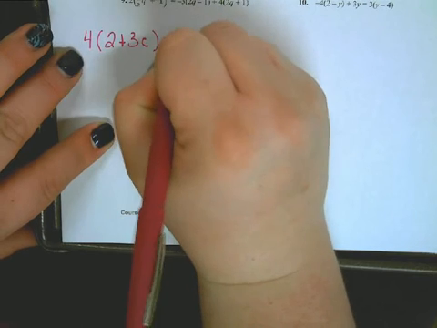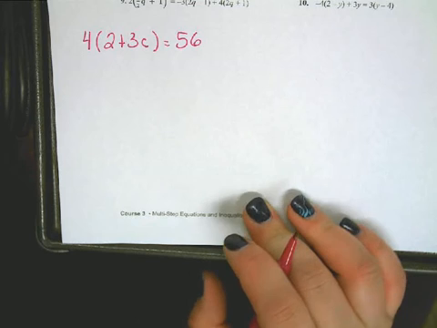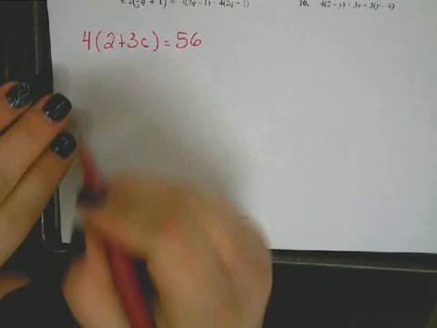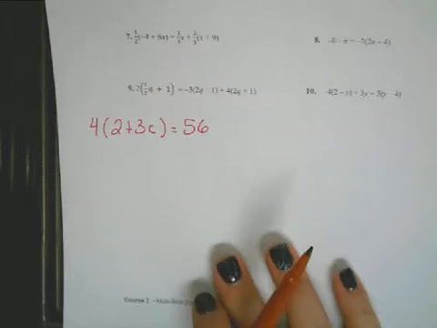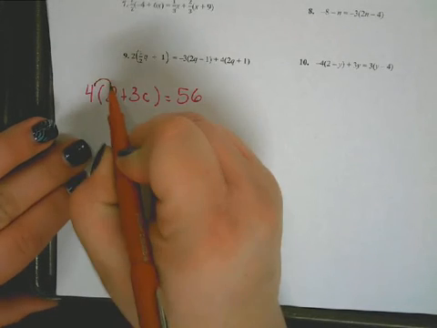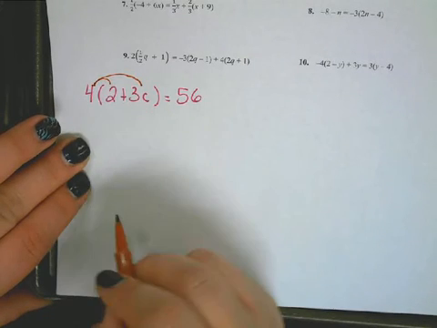So that distributive property tells me I need to take 4 times 2 and 4 times 3c. So I take 4 times 2, that becomes 8, plus 4 times 3c is going to give me 12c, and I'm not changing my 56.